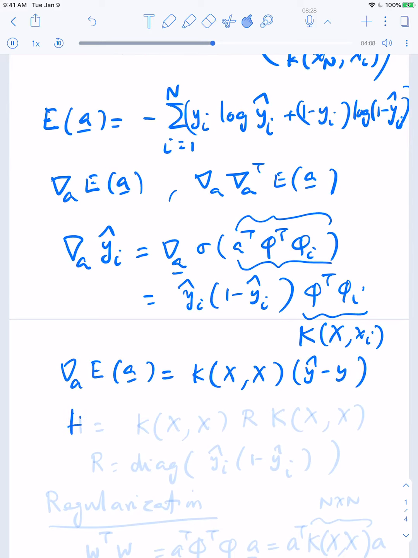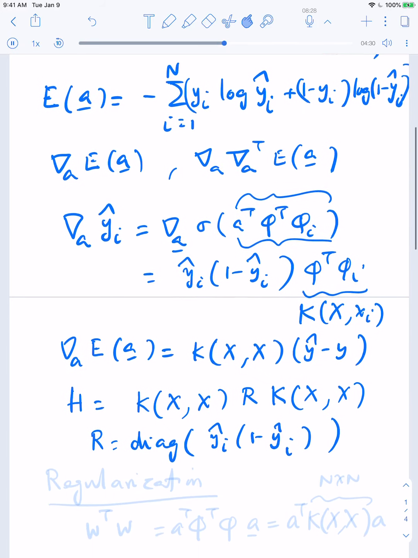The Hessian, using similar techniques, will be kxx times the reweighting matrix times kxx, and the reweighting matrix is the diagonal of these yi hat times 1 minus yi hat terms, as before. Then you have the Newton method as before. I would very much encourage you to go through the details yourself and make sure that you're comfortable with the application of the chain rule in this context.